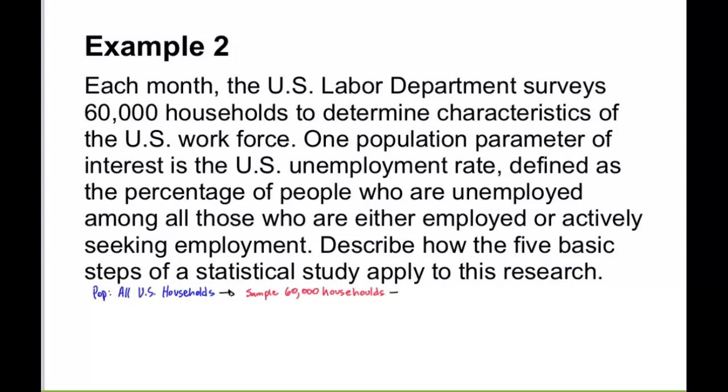Once we take our sample, we're going to calculate, and let's just focus on the statistic that they're talking about, the percent unemployed. There's our statistic.